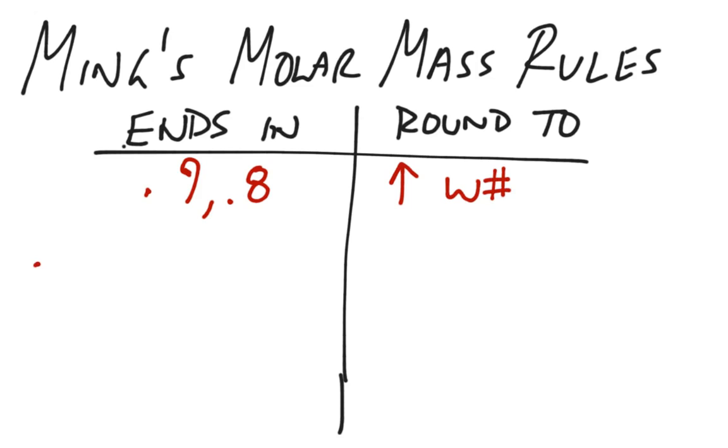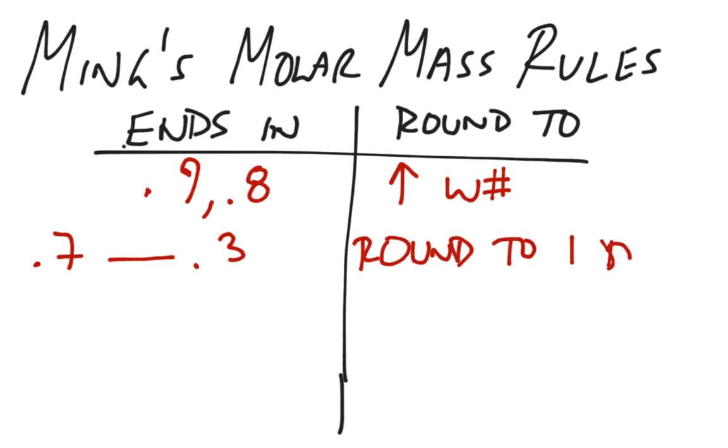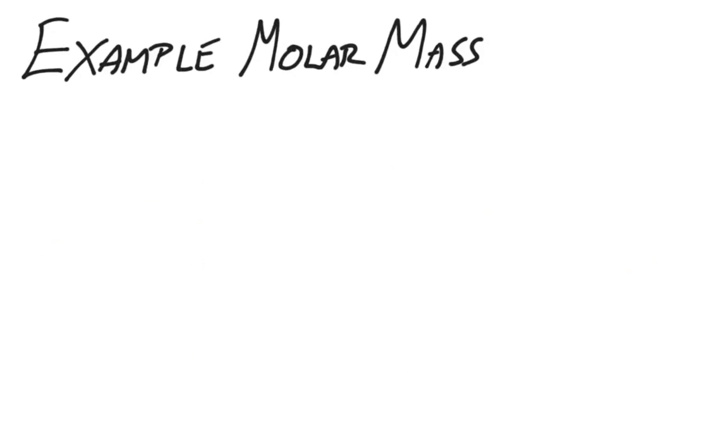If it ends in something between 0.7 all the way down to 0.3, we're going to round to 1 decimal point. And if it ends in 0.2, 0.1, or 0.0, we're simply going to round it down to the whole number. Very few elements in the periodic table actually end in whole numbers. We'll be using this as we work with this.